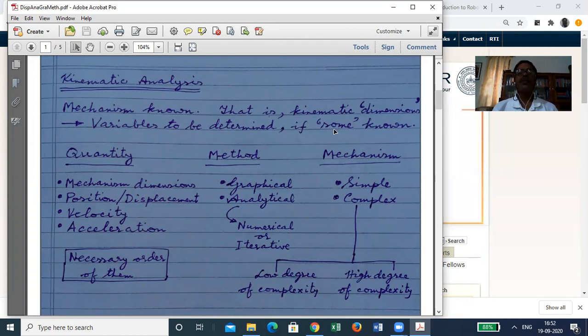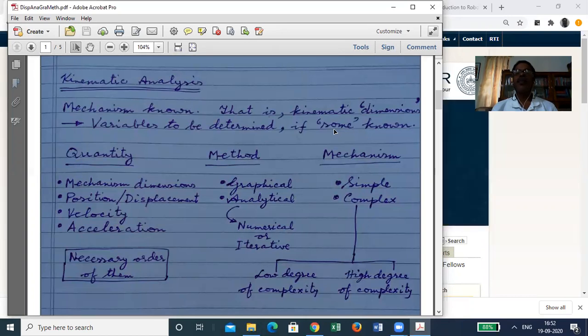That is the configuration of the entire mechanism. And now you would recall that we defined the degree of freedom as the number of coordinates or number of variables which are required to determine the configuration of the entire mechanism appropriately.